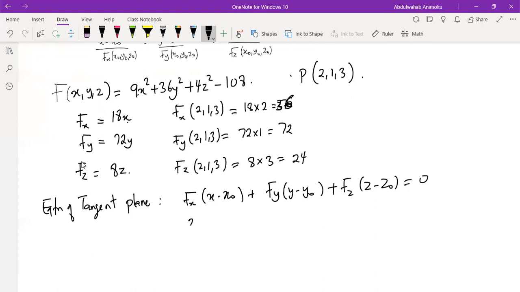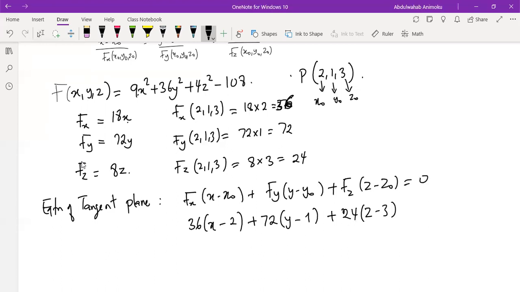So fx is just 36, x minus x naught. Remember, this is your x naught, y naught, and z naught, right? So this will give us 36 times x minus 2, plus the next one is 72 times y minus 1, and finally, we have 24 times z minus 3 equal to 0.